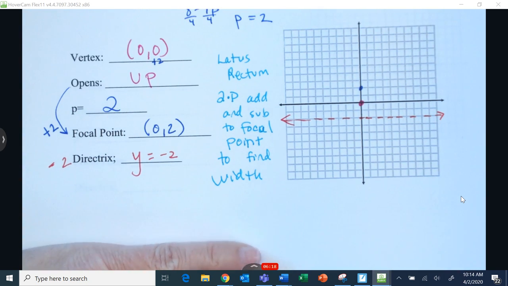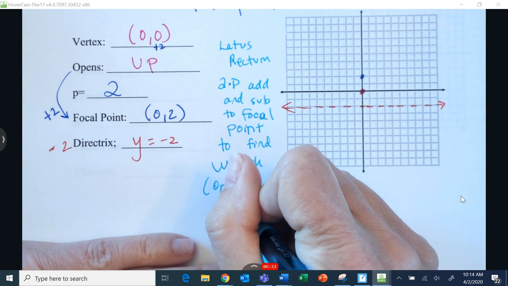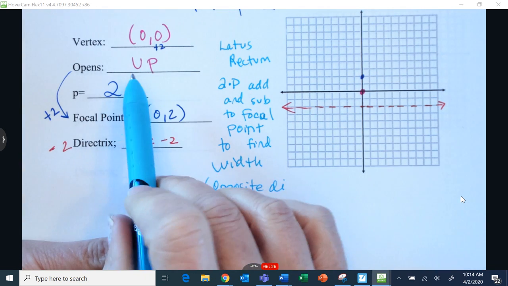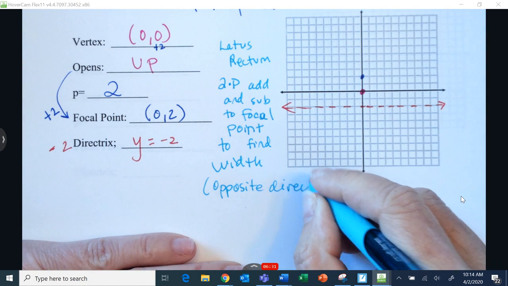So it's going to go in the opposite direction that the parabola opens.